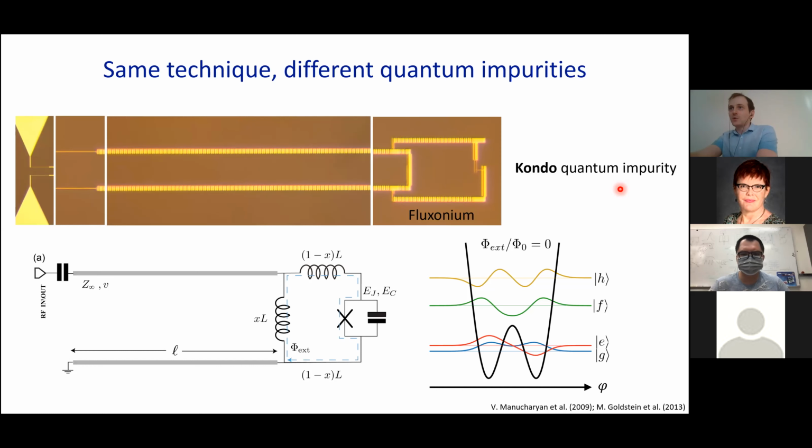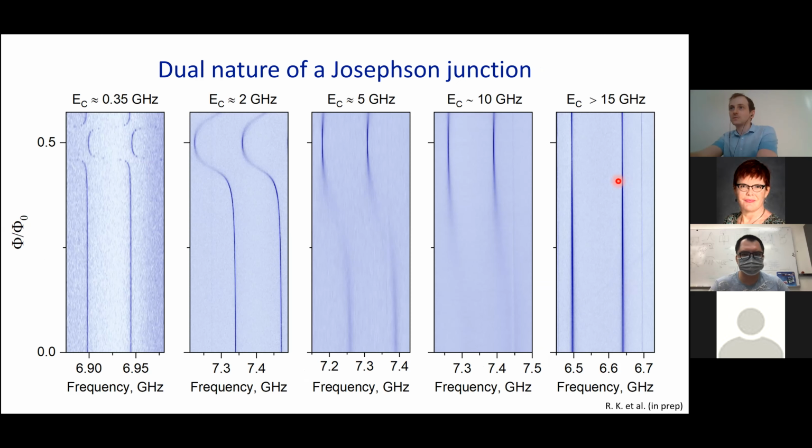Any questions? I was thinking that you mean Josephson junctions behave either as a nonlinear inductor or as a nonlinear capacitor. Yes. And when it is a nonlinear capacitor, which is a very small junction, it's a quasi-charge element, right? Yes, exactly. Then the quasi-charge description is more relevant.